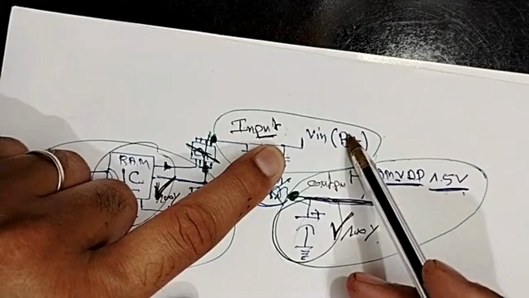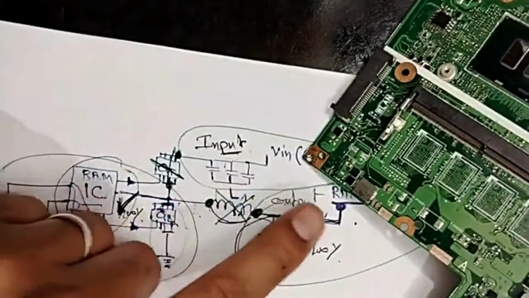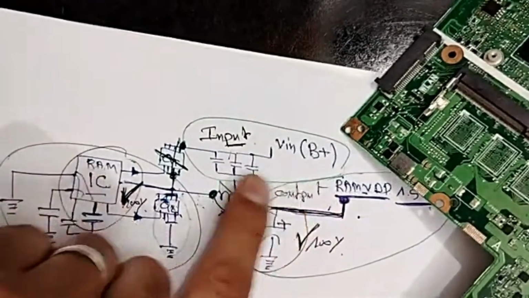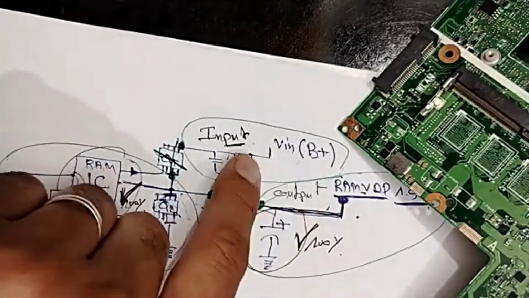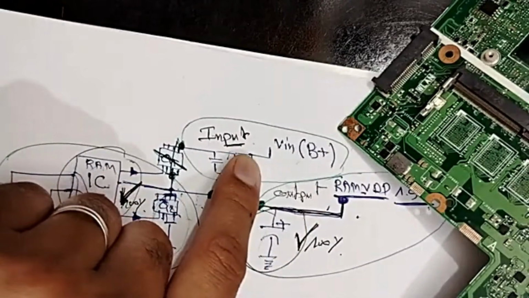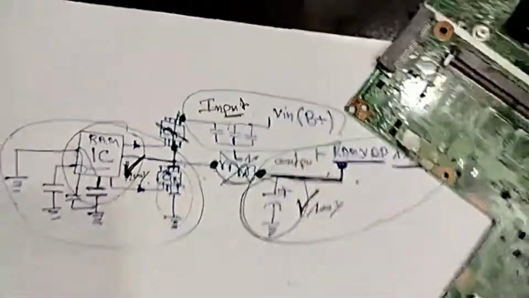Here we have another job, because when the short is in the B plus line or power rail, you should go home. What do I mean by go home? Like this, my friends.